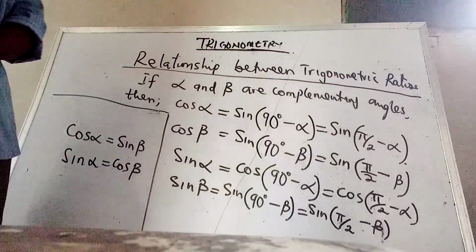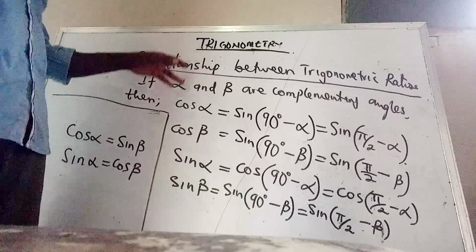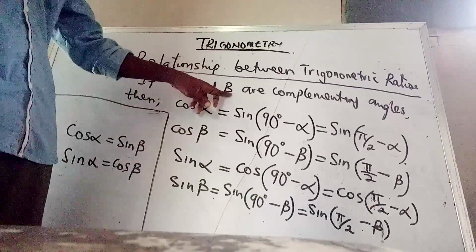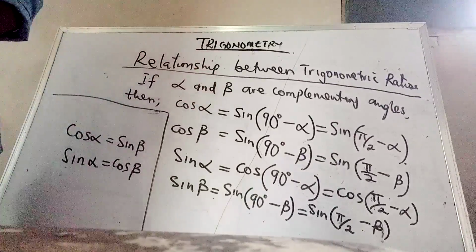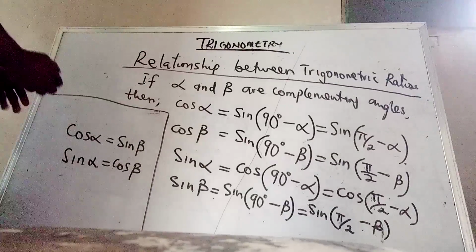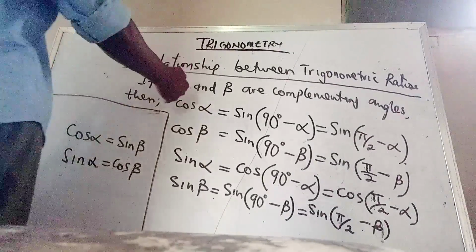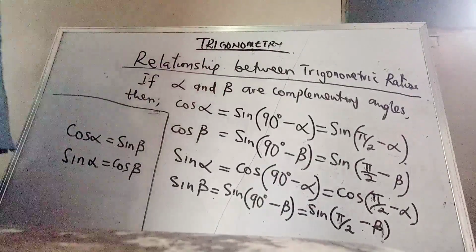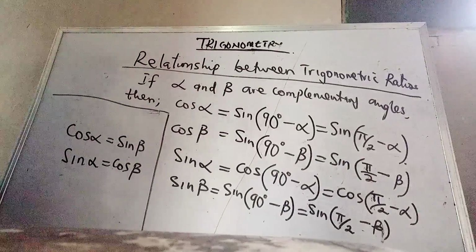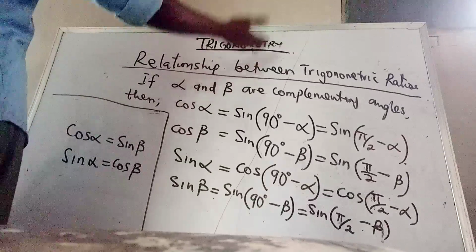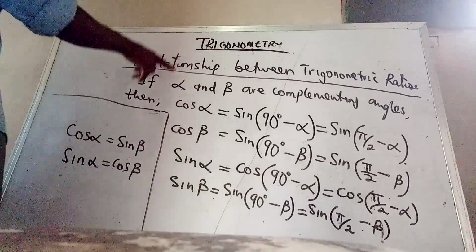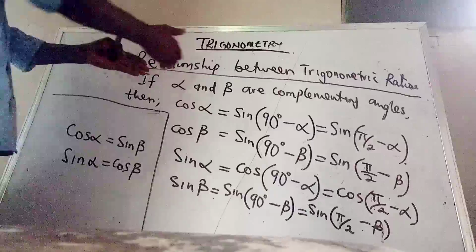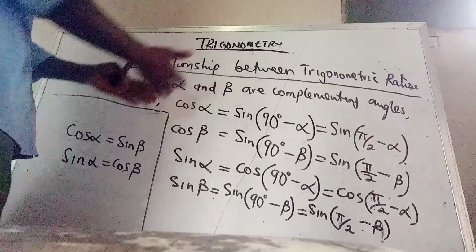What does that mean? It means if you add alpha and beta together, you get 90 degrees, or if you subtract alpha from 90 degrees you get beta, or if you subtract beta from 90 degrees you get alpha. That is what makes the two of them complementary.